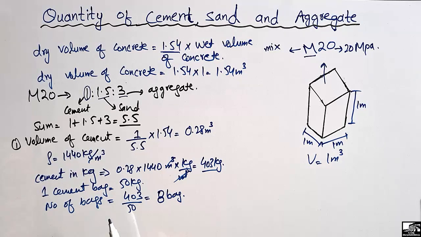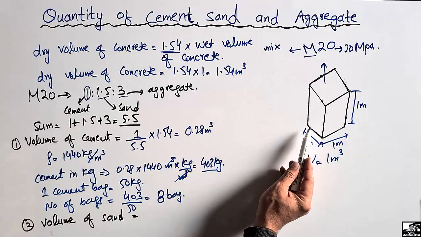Now how to find out the volume of the sand? The second one will be the volume of sand. It is equal to how much part of the sand is used in this cube.